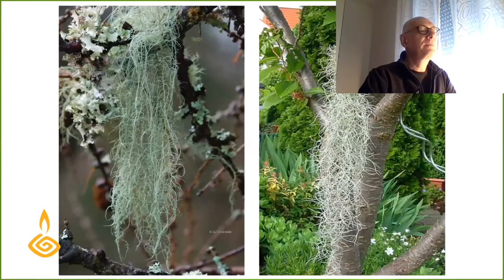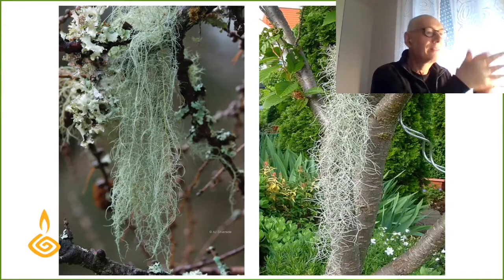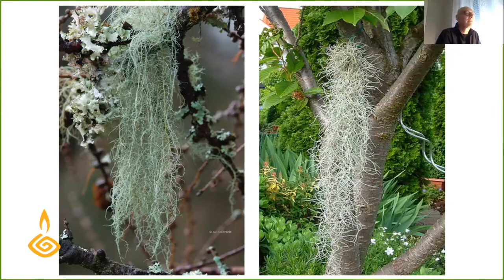Normally I show this slide to show that there are many cases in nature showing the same solution facing the same problem. You see, one part of this slide is made by a lichen, and the other part by a vascular plant. One picture is Usnea, a lichen, together with other lichens, and this is Tillandsia usneoides transplanted.